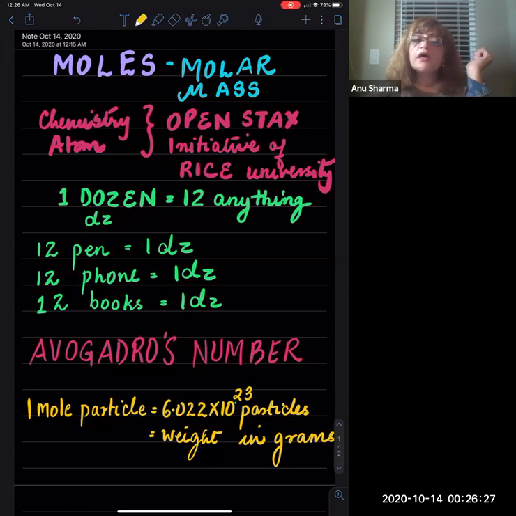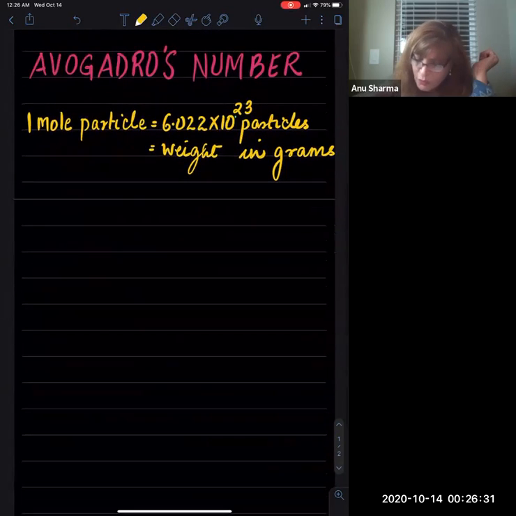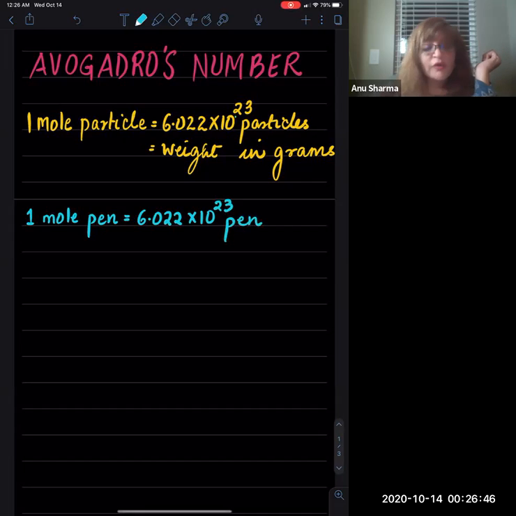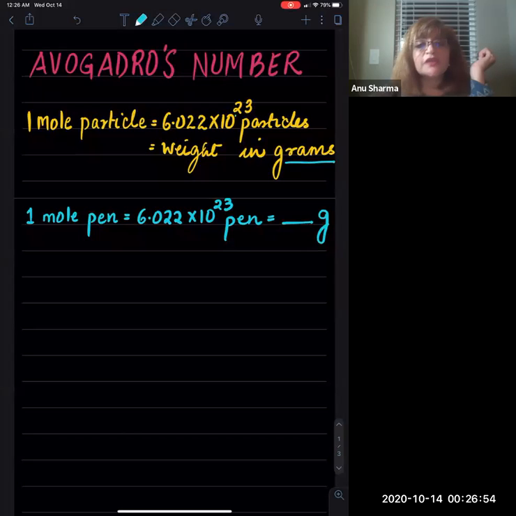Now, here's the thing. Let us say, for example, 1 mole of pens. How many pens is that? 6.022 times 10 to the power 23 pens. And what is the weight of those pens? You put that many pens together, and whatever their weight comes out to be in grams, that is the weight of that 1 mole of pens.